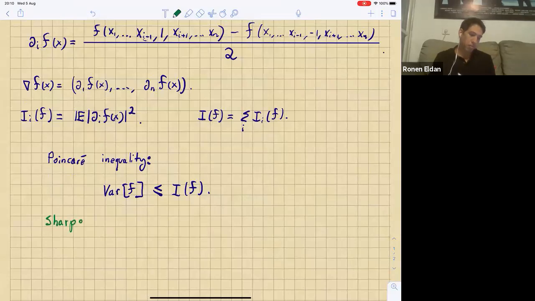For which functions is this sharp? In the Boolean case, it's only sharp for a dictator, but if f is real valued, it's not hard to see that it's sharp for linear functions, if and only if f is a linear function, actually.